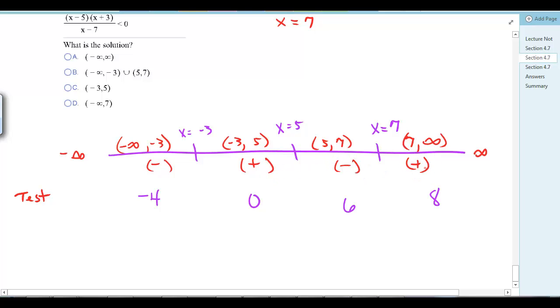And usually they're going to alternate, but they don't always, so you do need to try them. And what are we looking for? We're looking for less than 0, which would be our negative ones. And so there's your solution. And you can see that it's right here. All right. So I think that will get you through 4-7, which is the end of our chapter.